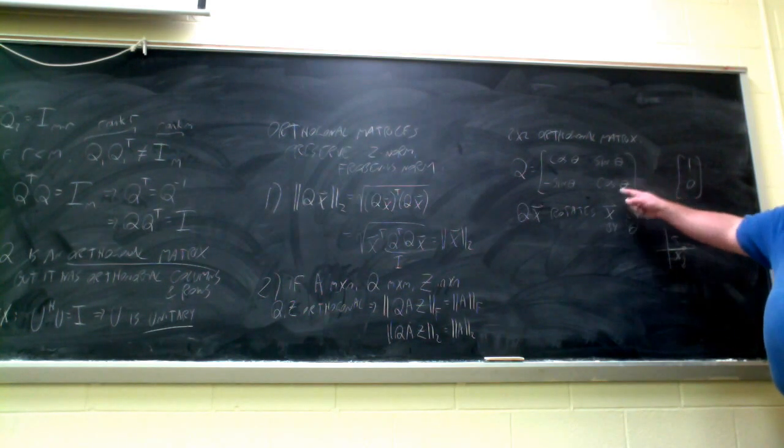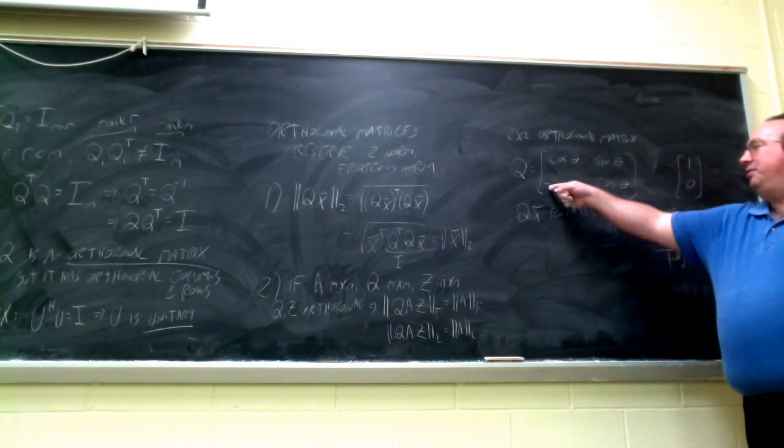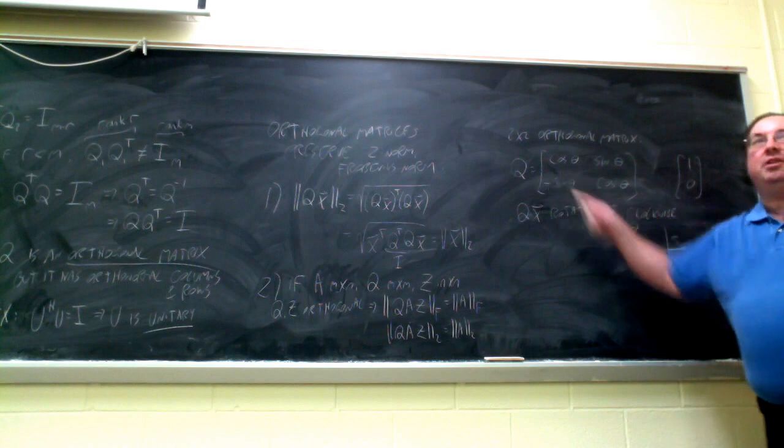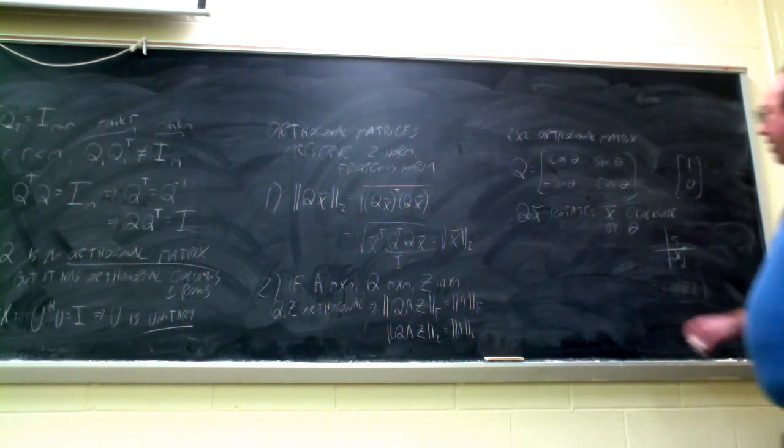When you multiply a matrix by 1, 0, that just takes the first column. Here the second component, the y component, is negative, so I know that is a clockwise rotation. Next time I'll forget again and refresh my memory the exact same way. Okay, so that's one kind of orthogonal matrix, but that doesn't cover everything.